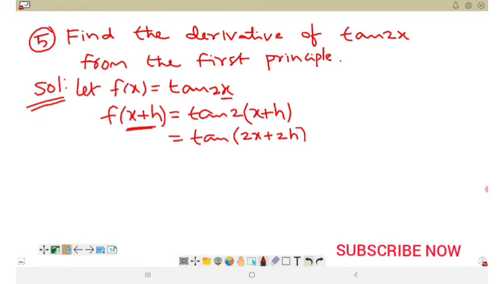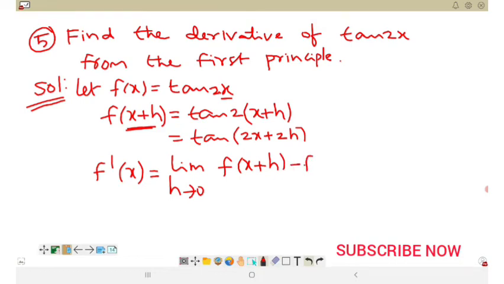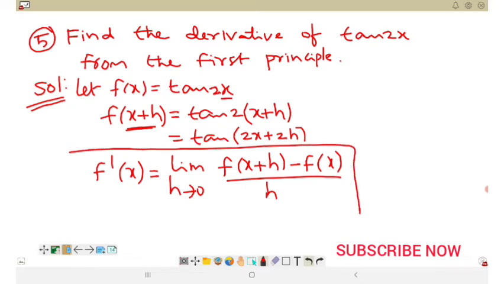Tan 2x. So first principle formula: f dash of x equals limit h tends to 0, f of x plus h minus f of x by h. This is the first principle or definition.